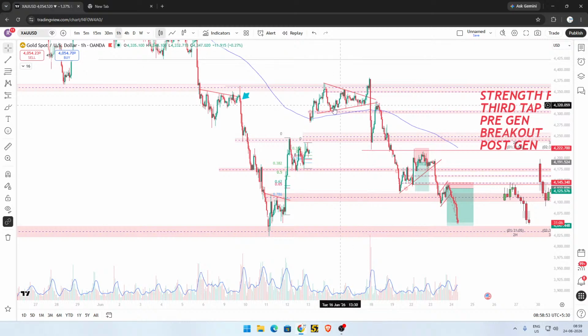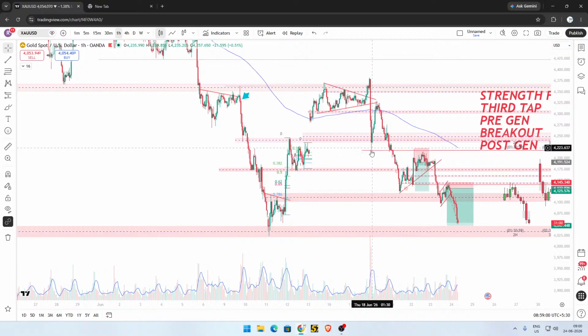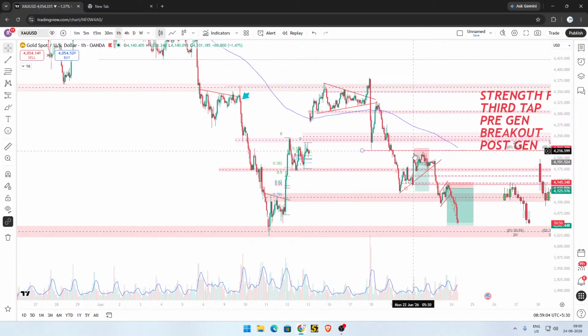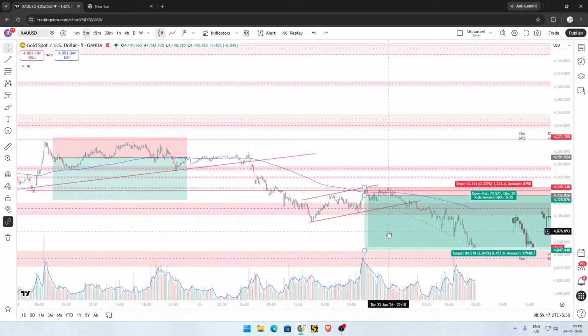So this one gave a change of character, this one gave a break of structure, then it took proper support at this area, then it is giving a trend continuation. So the general setup is done. Let's go to 5 minutes because this is also a trend continuation pattern.